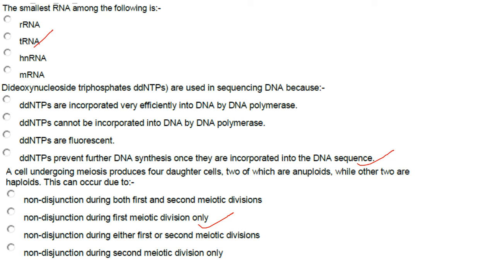Failure of occurrence of this process, that is non-disjunction, results in the failure of homologous chromosomes to separate, so that one gamete comes to have an extra chromosome, that is n plus 1, while the other becomes deficient in one chromosome, that is n minus 1. This results in the production of aneuploids. So answer is option B.